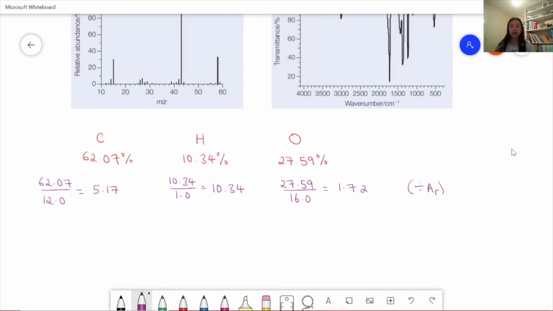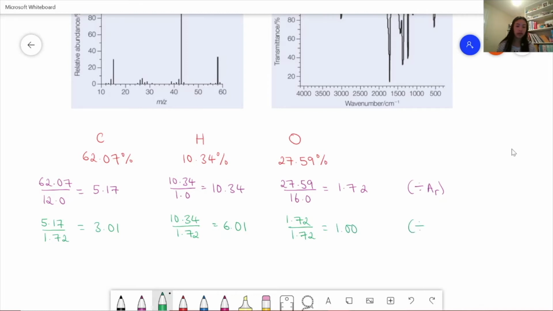And then we divide by the smallest. So the smallest is the 1.72. So we have 5.17 divided by 1.72, and this is equal to 3.01, and then we have 10.34 divided by 1.72, which is equal to 6.01, and then finally we have 1.72 divided by 1.72, which is equal to 1.00.